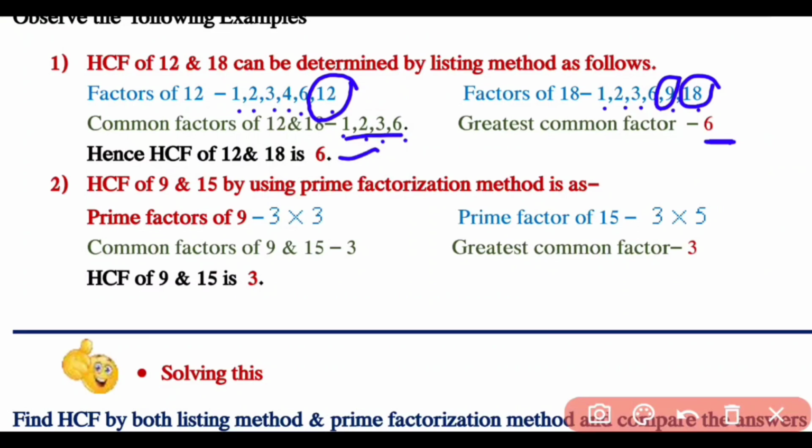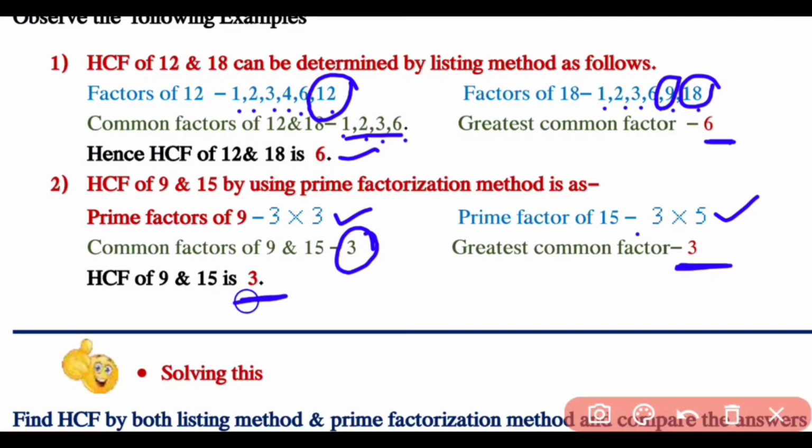And in prime factorization method, we have to find the prime factors. Here example of 9 and 15 is given. So prime factors of 9 is 3 into 3 is 9. Prime factors of 15 is 3 5s are 15. We all know. And their common factor between these two: factors of 9 is 3 and 3. Factors of 15 is 3 and 5. So common factor is 3, and therefore greatest common factor is also 3 and SCF is 3.